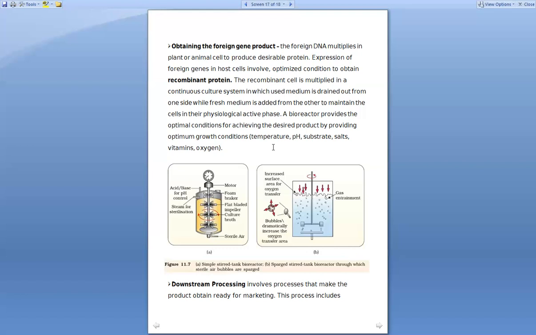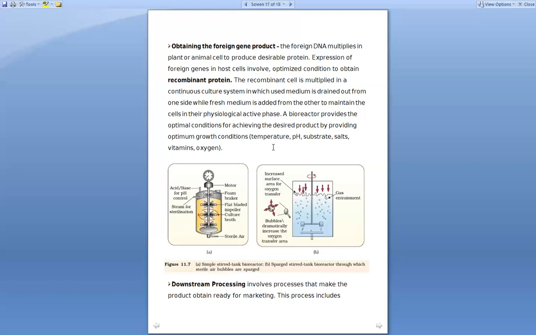So based upon the number of cells you need to add the medium. They continuously take up the nutrition, and so that the nutrition level in the medium does not get over, as they are utilized by the cells, from one side the medium is drained out and fresh medium is added from the next side, right?